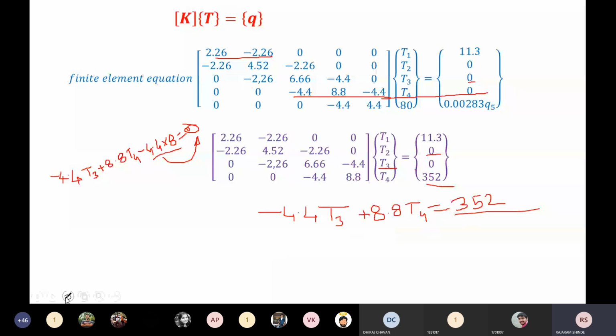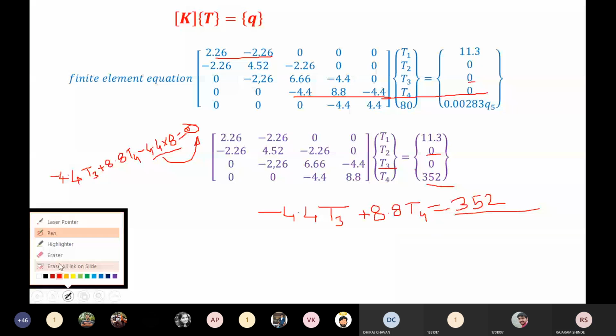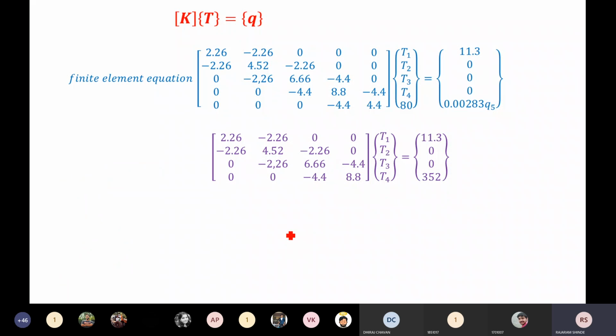Okay. Now this is the equation number 4. Now you solve this system of equations and calculate T1, T2, T3, T4.